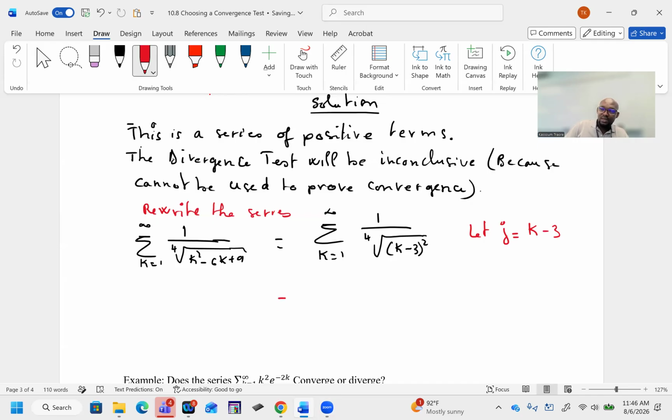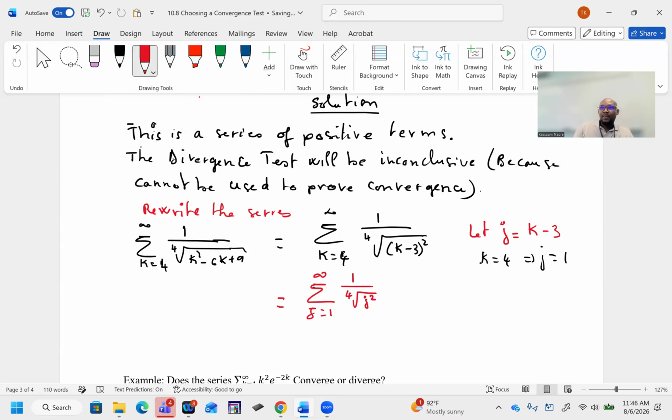So k starts from what? On the original problem, k is 4. Thank you, sorry, I was using 1. k is 4. So if k is 4, then j will be 1. So that will make my series sum from j equal to 1 to infinity of 1 divided by the 4th root of j to the power of 2.